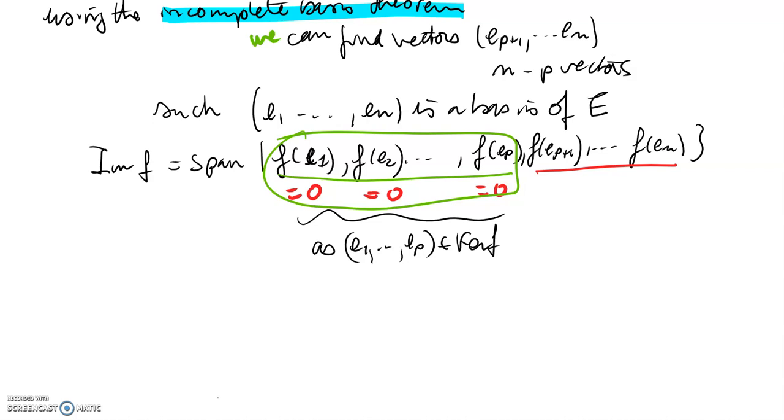Now, if I want to find the rank of F, if I want to know the number of linearly independent vectors, I must forget about my E1 up to Ep because they all map to 0, and then you wouldn't have linearly independent vectors.